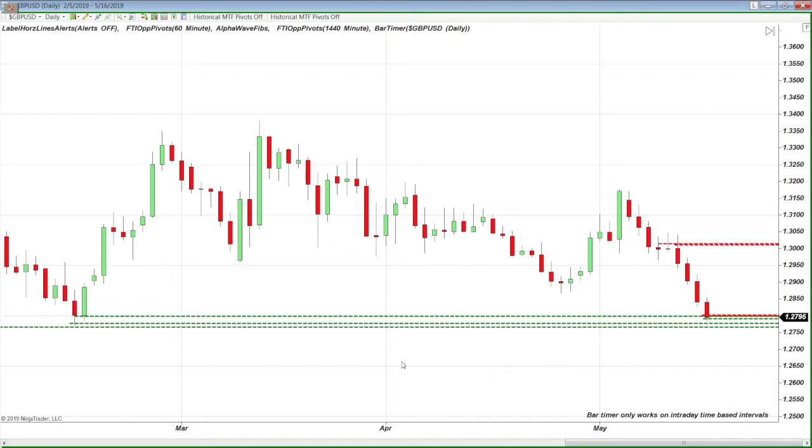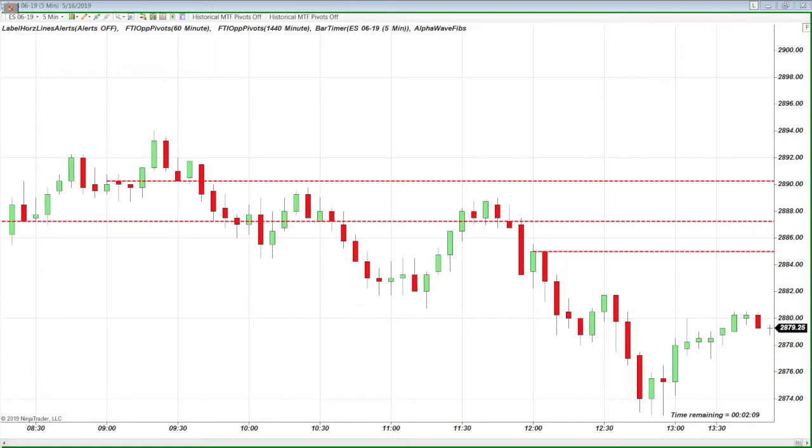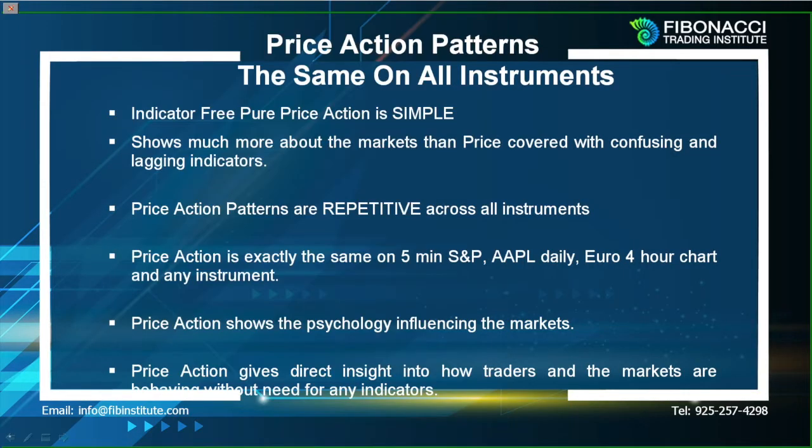In 2007, I removed all the indicators. Every single time a person comes to me and wants to learn, I say, this is the number one thing. Can you look at this? Can you stop being dependent on indicators? And if you can, you will see. Price action patterns, repetitive, simplistic, they are all the same. And if you understand how powerful this is, you never have to rely on anything else.